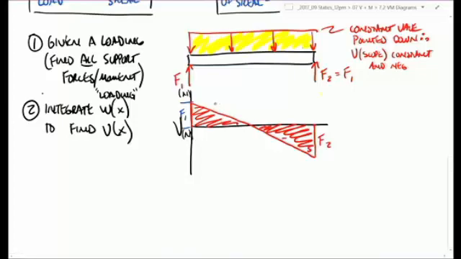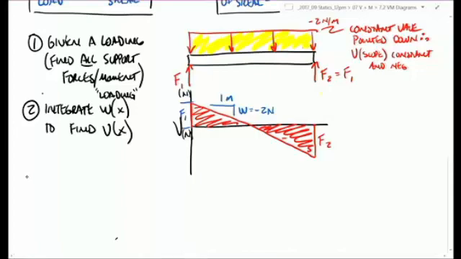And the slope here will be rise over run. So this is going to be my constant value of W times a run of 1. Okay, so you could think that if this had a value of negative 2 newtons per meter, it's going to drop negative 2 over 1 meter. Negative 2 newtons over 1 meter, right? So the value of your load is the slope of the shear.